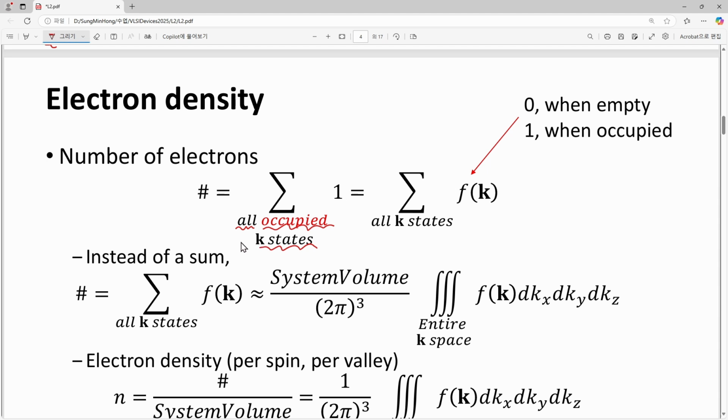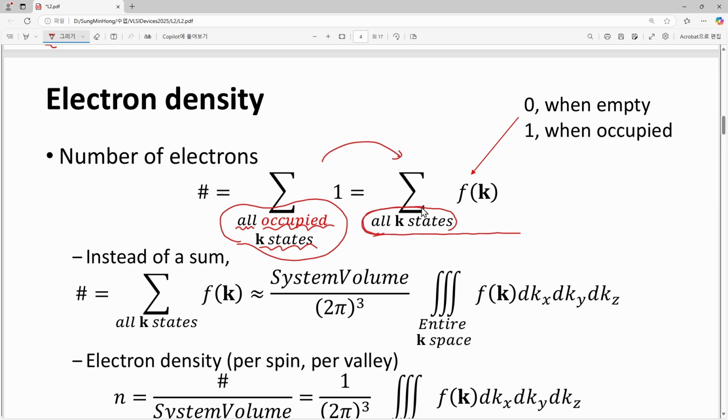So here we must make some selection of all occupied k-states, but by simple changing, we can do the same job with this form without any discrimination between empty states or filled states or occupied states.